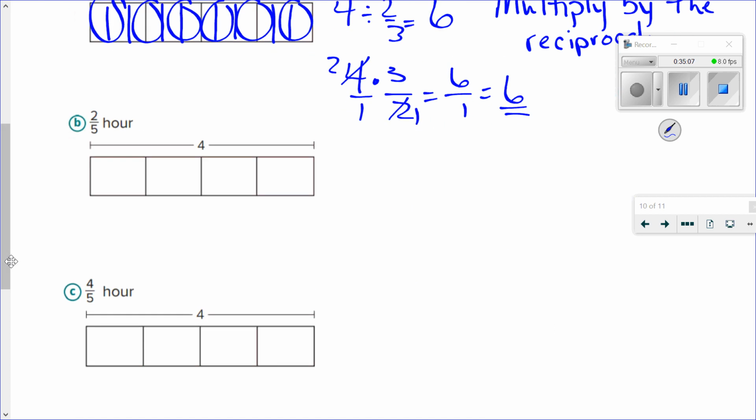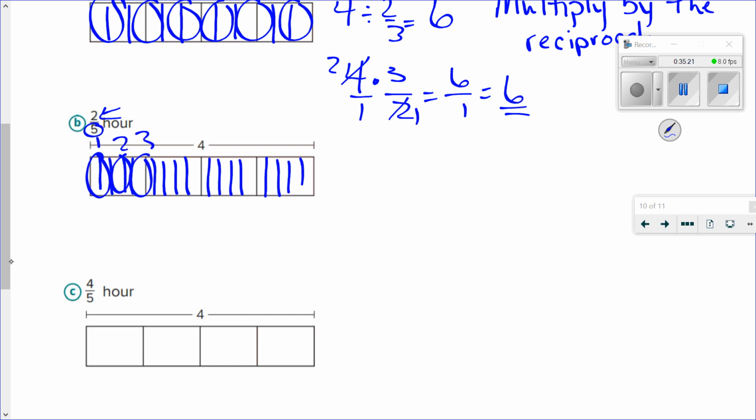So our next one. Now I'm dividing it into groups of 5. And I'm counting every 2. That gives me 1, 2, 3, 4, 5, 6, 7, 8, 9, 10.